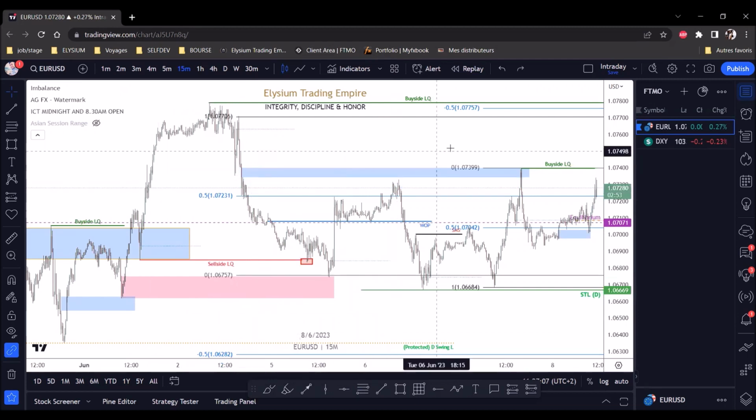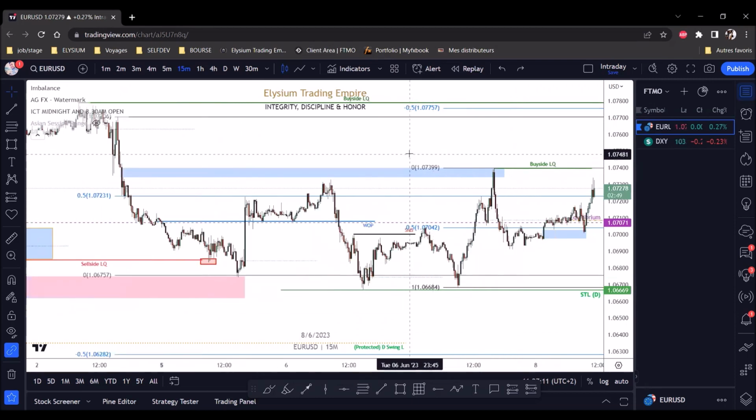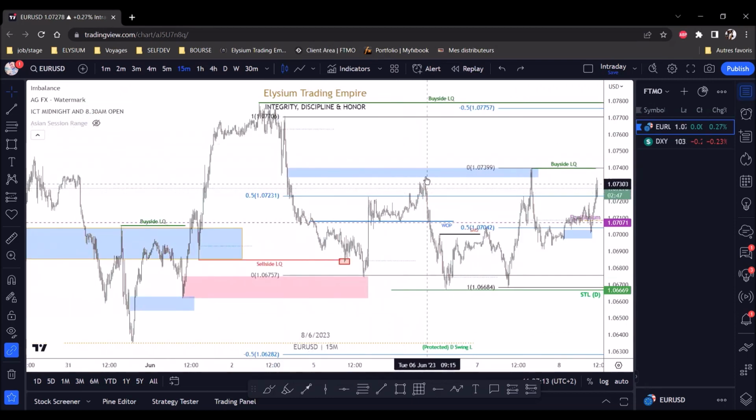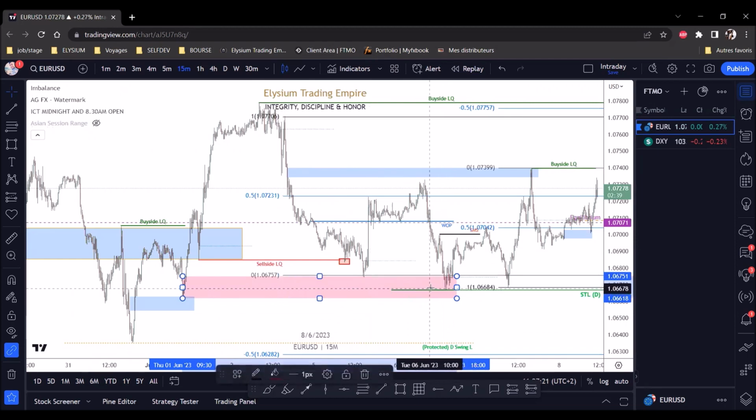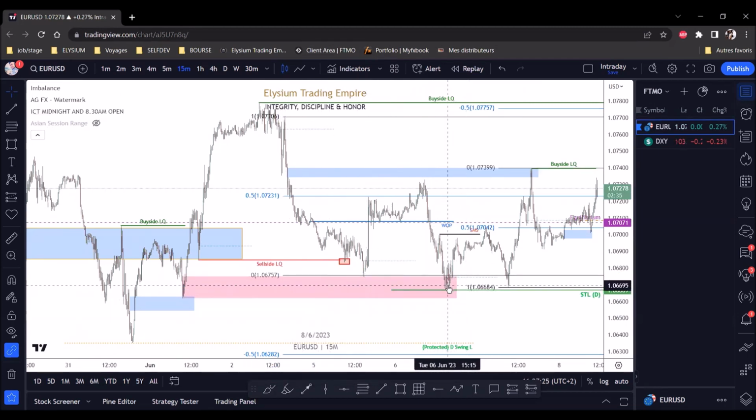I prefer this retest on the 15-minute. And yeah, we retested the 1 hour fair value gap. We took again the liquidity and we mitigated the middle of the order block. Okay. And then we have a shift.